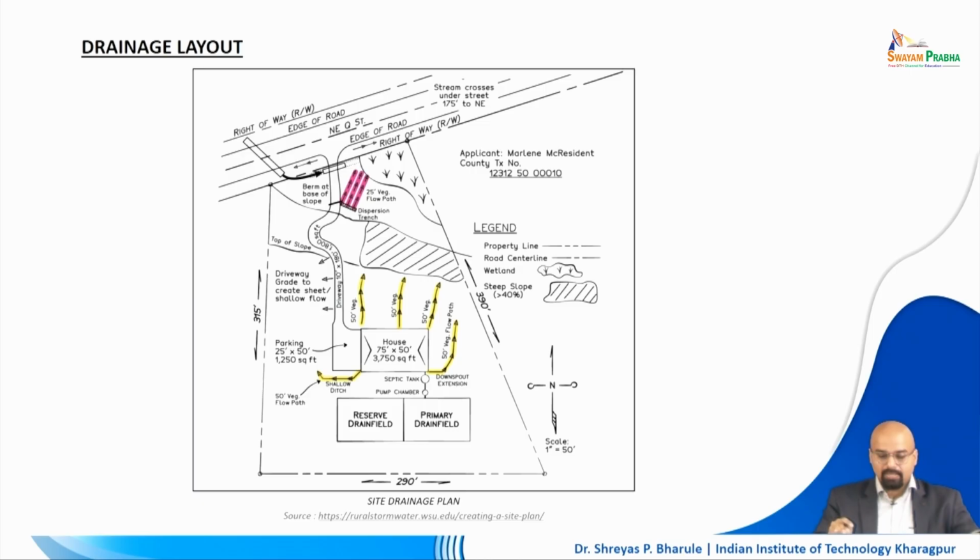In this particular case, we see a sketchy idea of how to do the site drainage plan. You will have a particular house like this, and you see that the lines are a bit crooked. What does that mean?